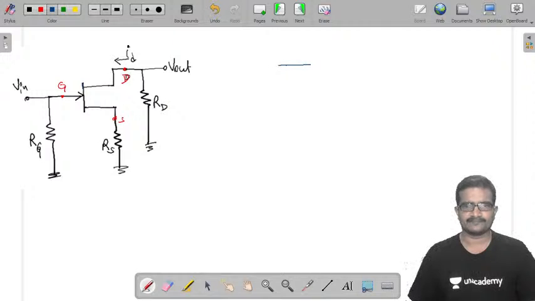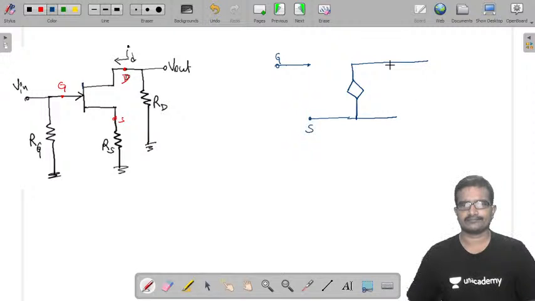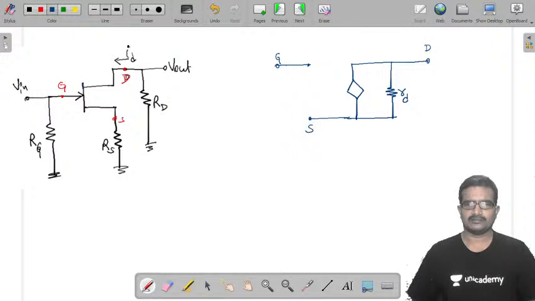This is gate, source, this is RD, drain, this is the source terminal, which is gm VGS, and this is the voltage VGS.